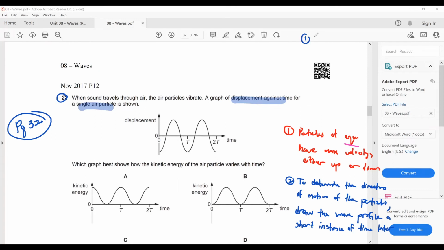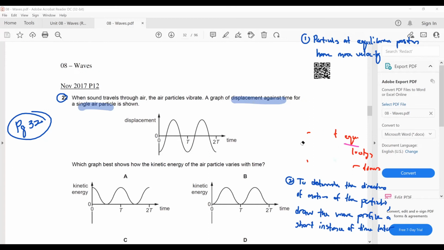Just now I mentioned the particles, I'm actually rewriting what I just wrote. Particles at equilibrium position have max velocity.